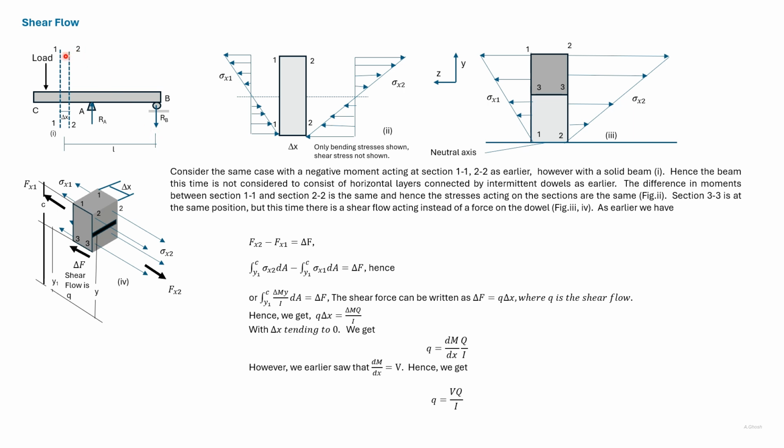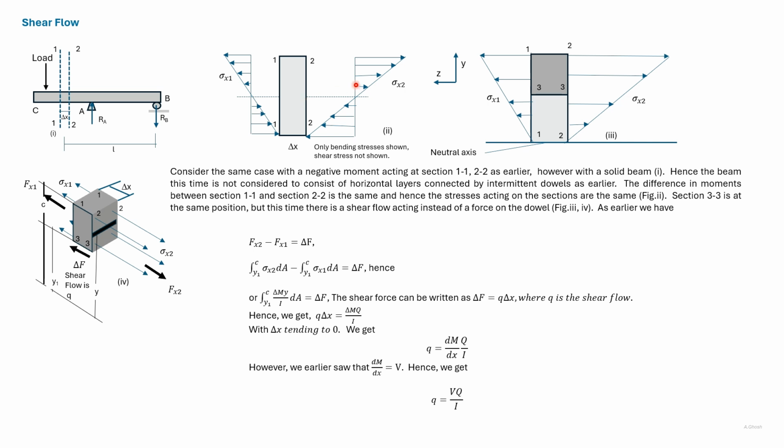Also, the moments in section 1-1 and 2-2 are the same. The moments are negative. The only difference is that this beam is a solid beam, so it is not made up of planks connected by dowels. So this is a solid section.